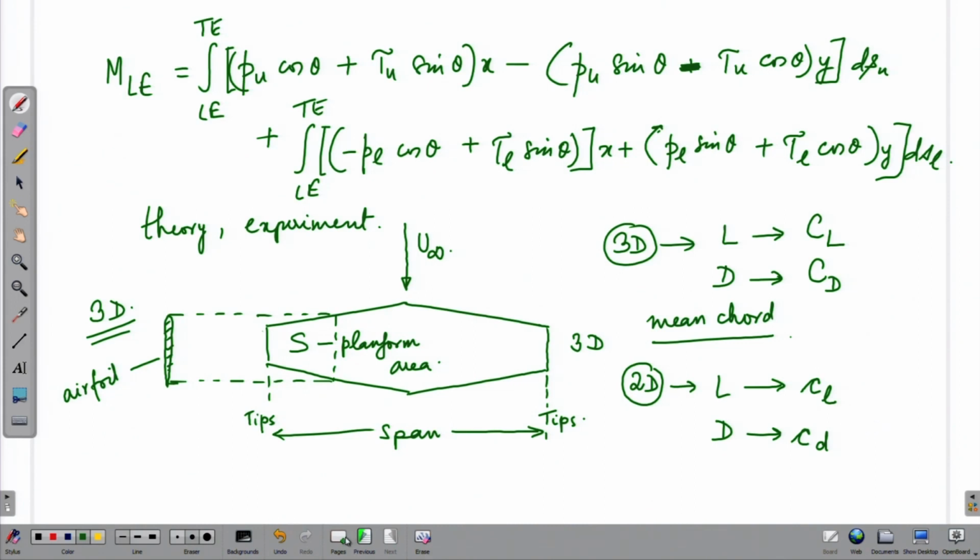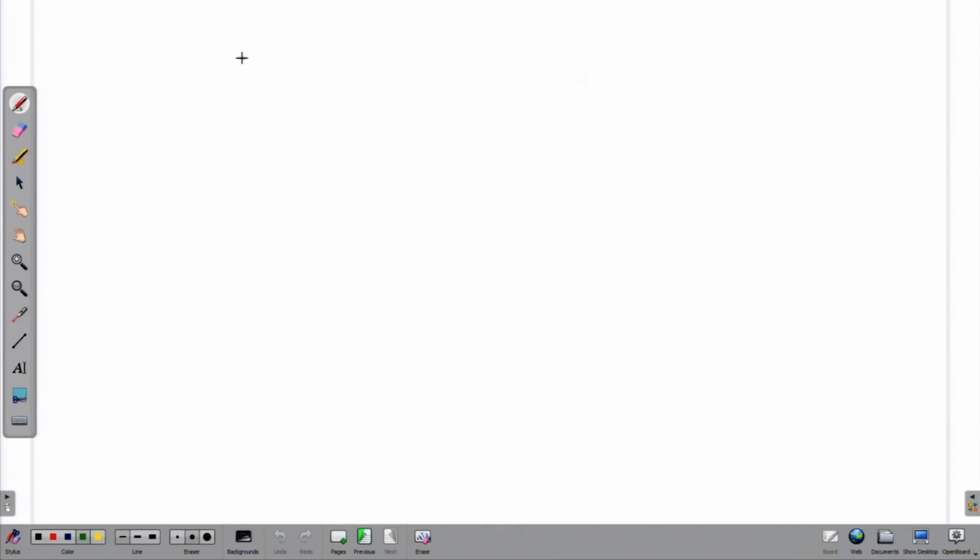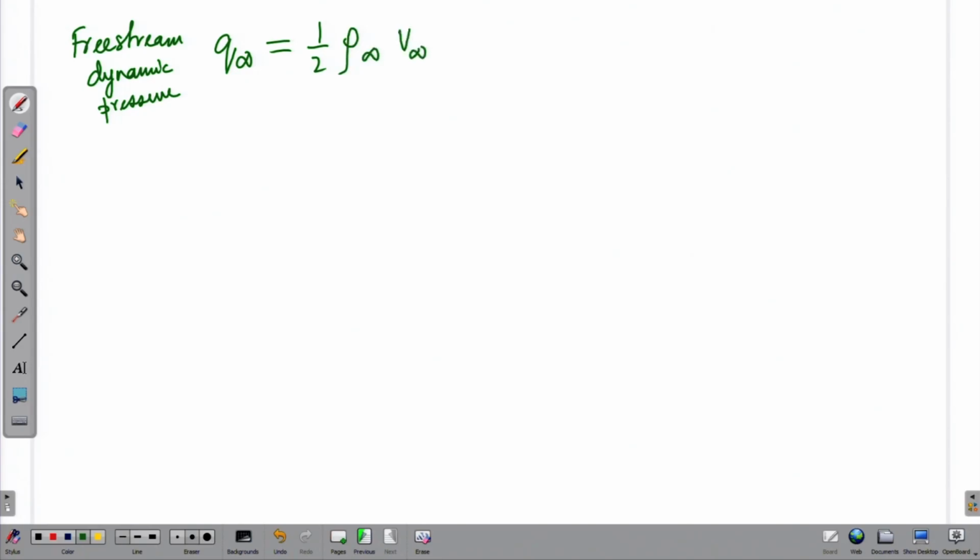In order to define these coefficients, we would like to recall the free stream dynamic pressure, which we discussed in an earlier lecture. So, let us introduce the definition of the free stream dynamic pressure.